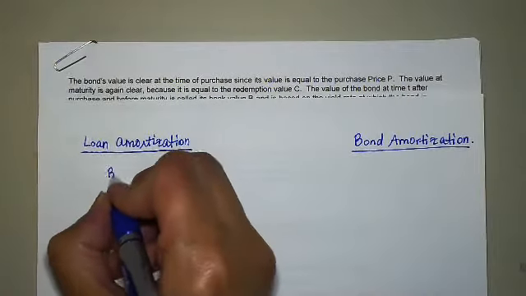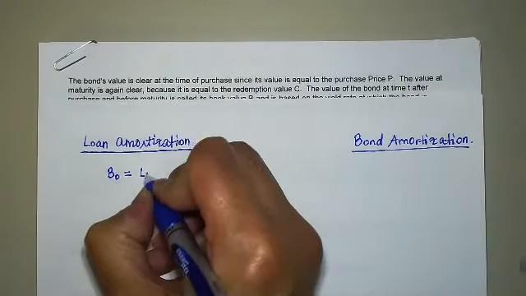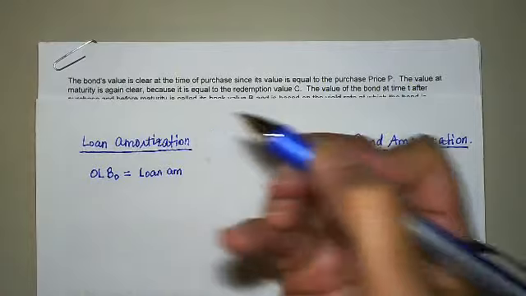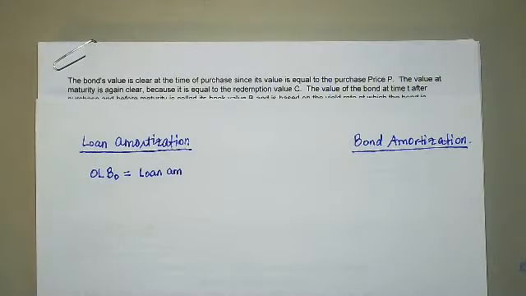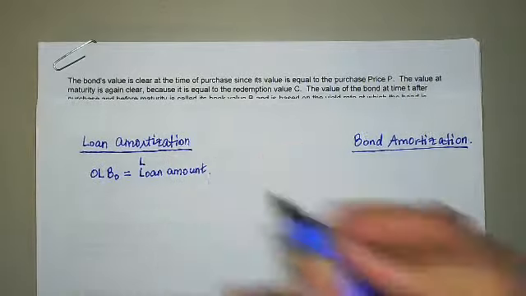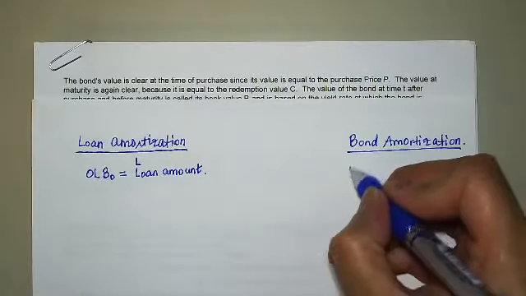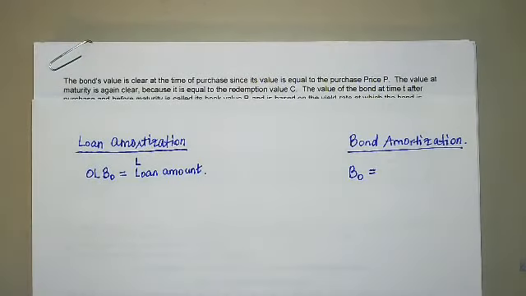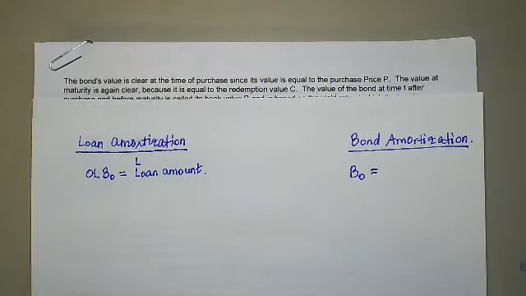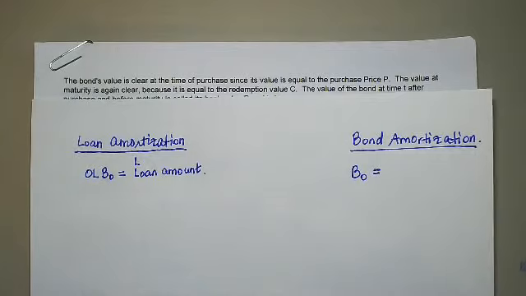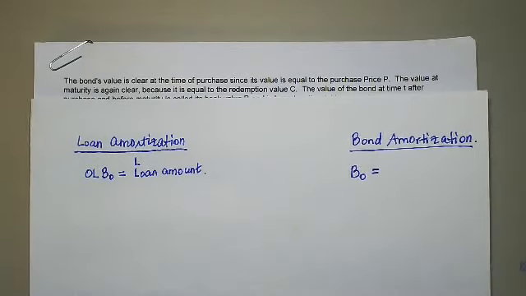Okay, so first thing, B0 here used to be the loan amount. By B0 I mean OLB at time 0, which was the loan, L. What do you think B0 would be now for the bond? What do you owe at time 0?